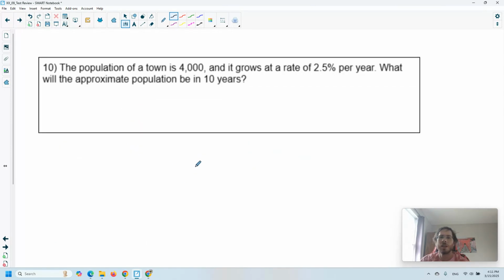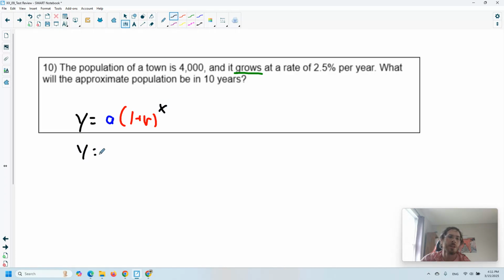For 10, the population of a town is 4,000. It grows at a rate of 2.5% per year. What's the approximate population in 10 years? So again, we can see that we're growing. So since we know that we're growing, we're going to use the growth formula. So the growth formula is y equals a times 1 plus r, so that's going to be our growth factor, to the x power.